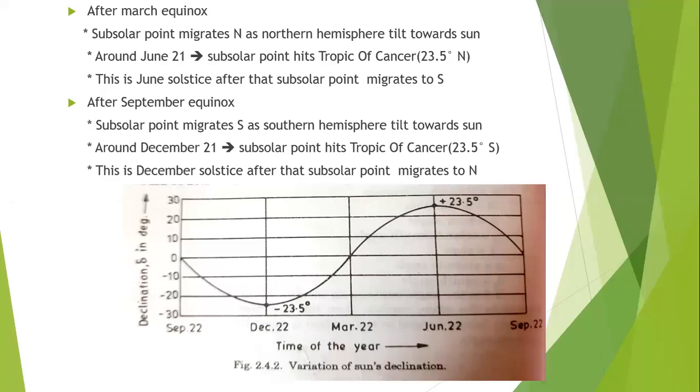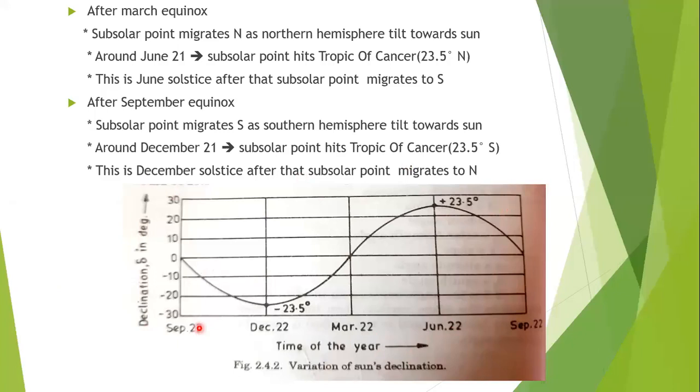After that, again the subsolar point will be migrating to north. We can see this in the diagram. On the y-axis we are taking declination, in degrees, and on the x-axis time of the year, in days. This is the variation of sun declination.